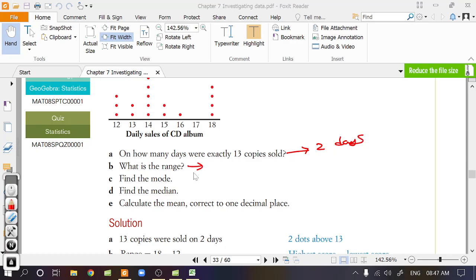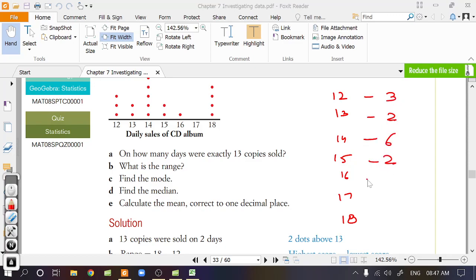What is the range he is asking? Range means, sir, our data, you should first write it like a frequency table, then you will understand. 12, 13, 14, 15, 16, 17, 18. The frequency for 12 is 3, 13 is 2, 14 is 6, 15 is 2, 16 is 1, 17 is 0, 18 is 4.